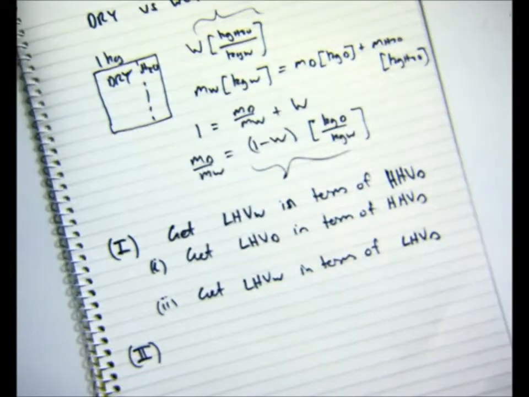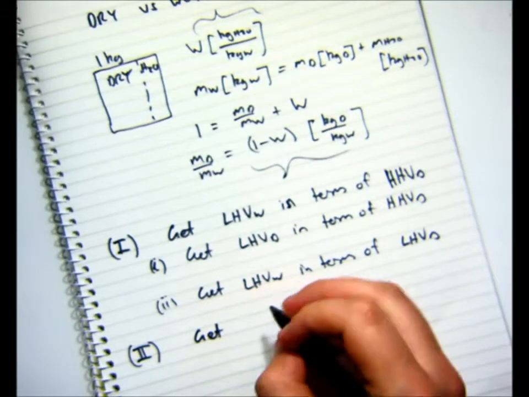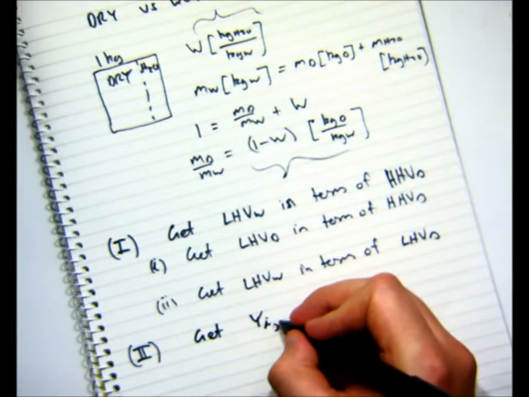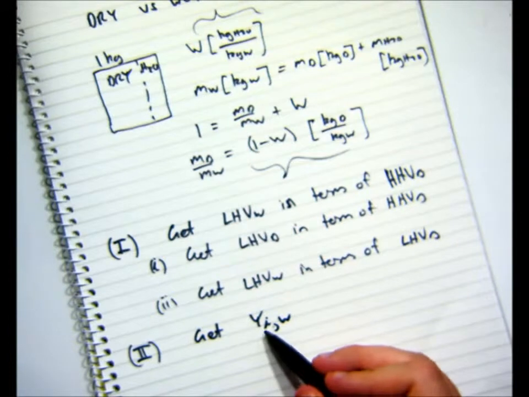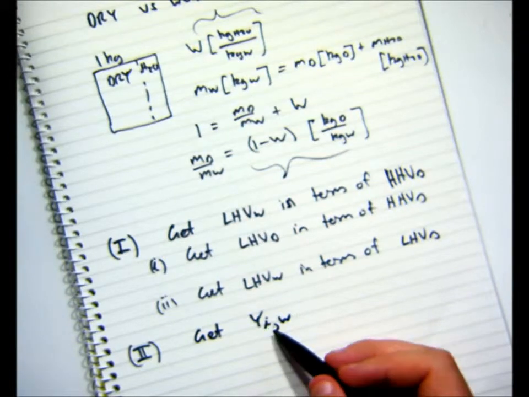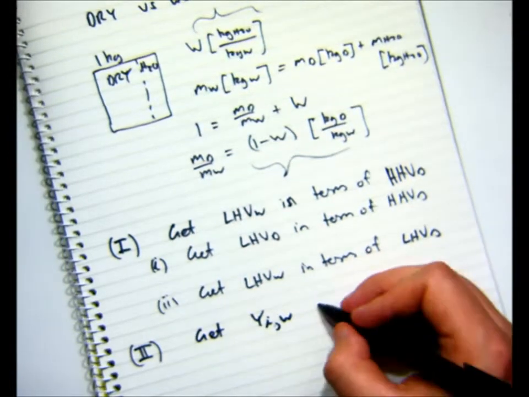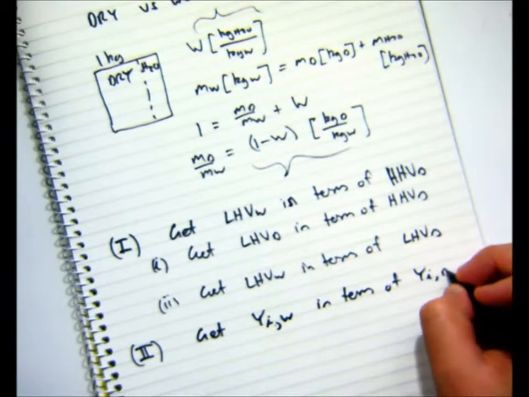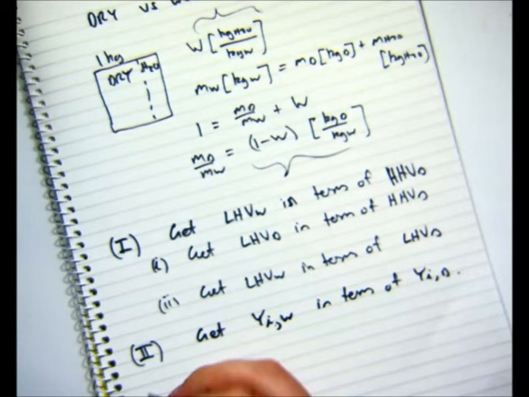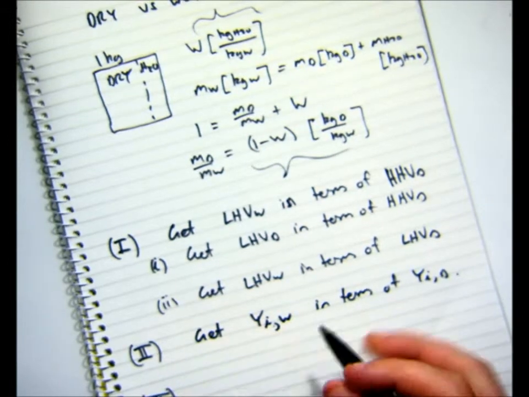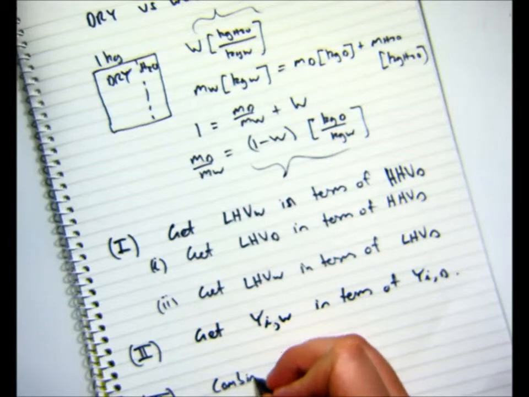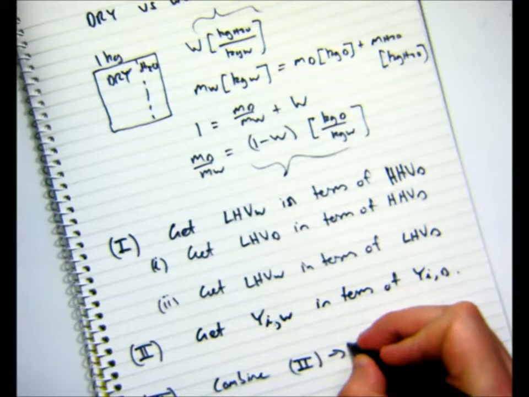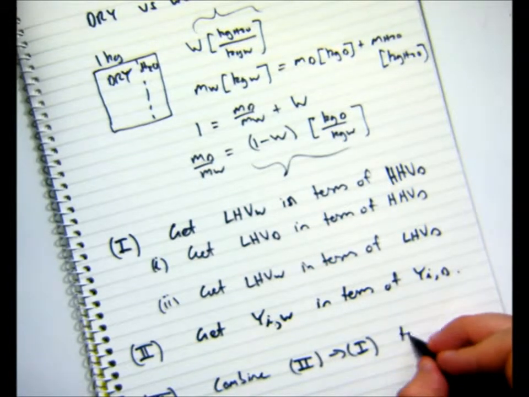So the second thing we have to do is get Y_i wet, so the mass fractions for each species i, or each element i, on a wet basis, in terms of Y_i dry. Then the third step is to combine results from 2 into the result from 1 to get the answer.